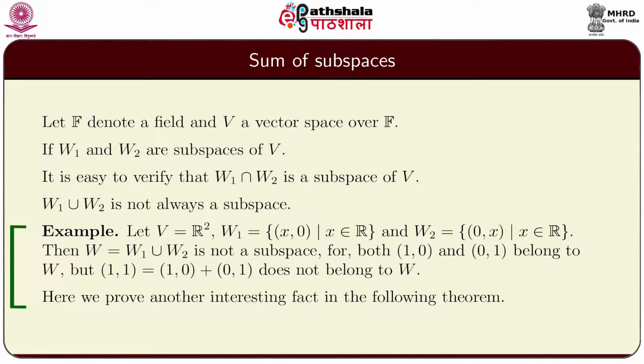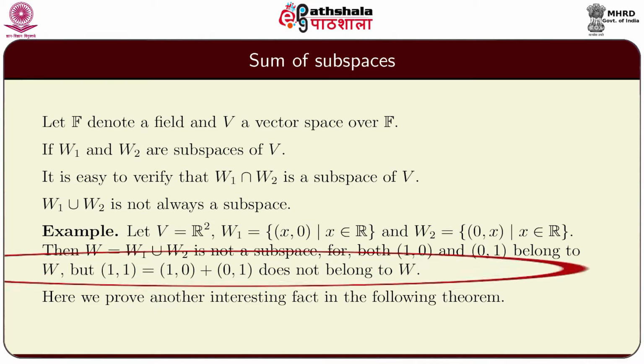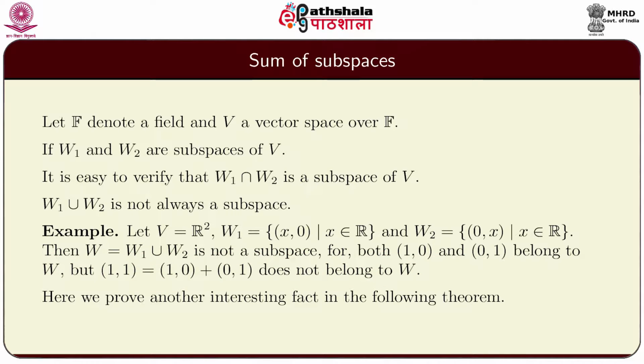Then the union W, that is W1 union W2, is not a subspace. Why? Because if we take the element (1, 0) from W1 and the element (0, 1) from W2, then their sum, which is nothing but the pointwise addition, is (1, 1), but that is clearly not in W.